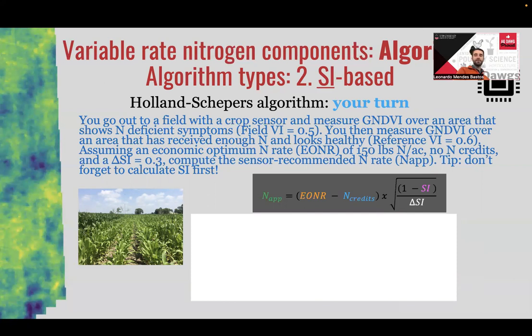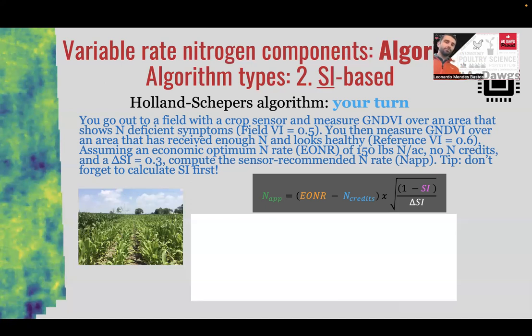That would be your reference vegetation index. It has a value of 0.6. Assuming an economic optimal nitrogen rate of 150 pounds of N per acre, no nitrogen credits, and a delta SI of 0.3, compute the sensor recommended nitrogen rate. I'm going to give you maybe 5 minutes here.